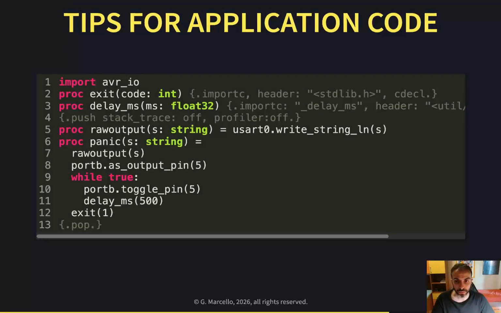In this particular case, this has to be defined in a panicoverride.nim file, and you will see that I'm just blinking an LED so I have a visual check that something went wrong, and I am also printing to the UART, so I will get the full crash info via UART.